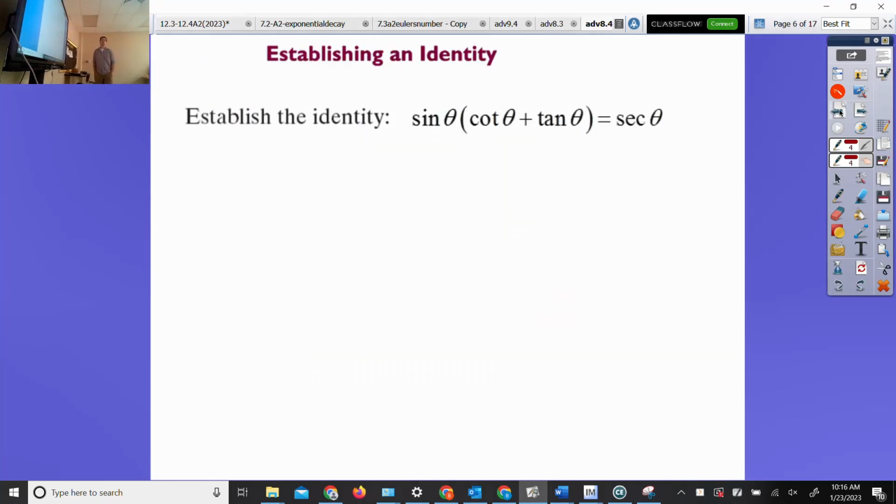Oh, establish the identity. So your goal on these is pretty simple. Make the left hand equal to the right hand. Proving the left hand is the same as the right hand. Sometimes it's the other way around. Sometimes you have no choice.